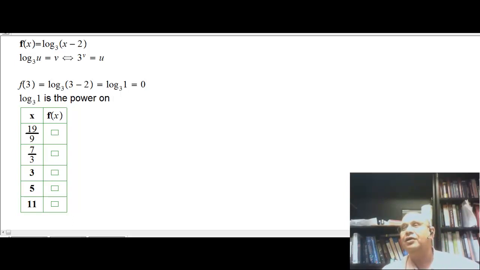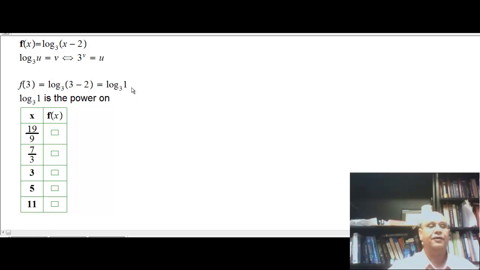First of all, from here to here I simply did substitutions. Then after this I'm looking for what this value will be. I just don't understand how we go from 1 to 0. That's what I'm trying to explain.